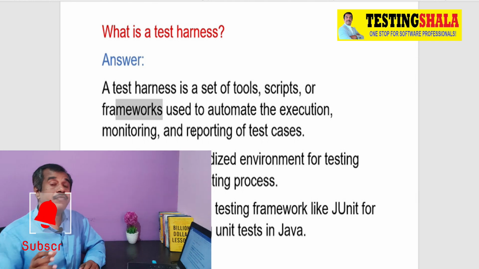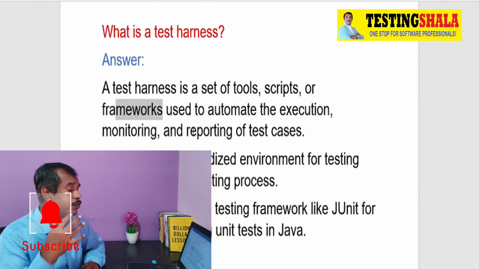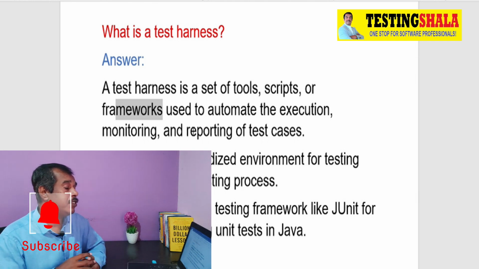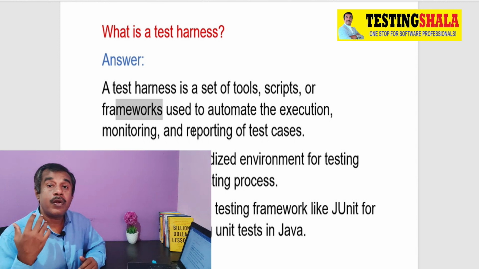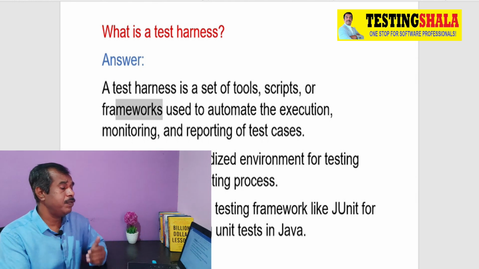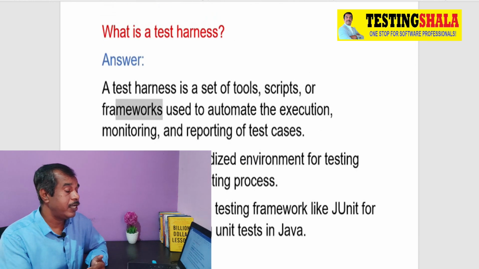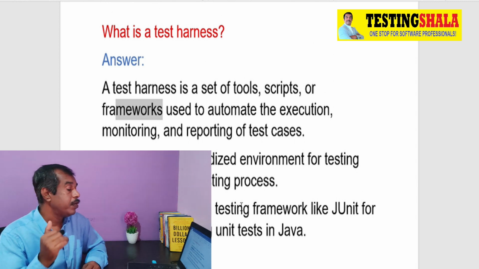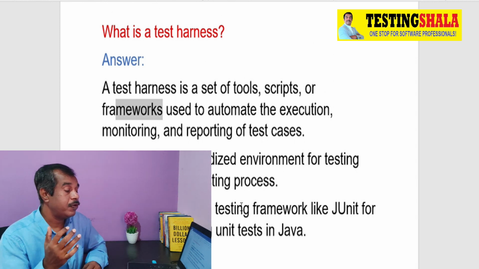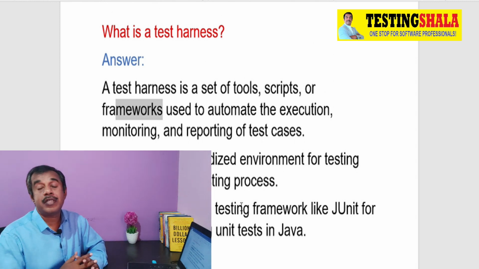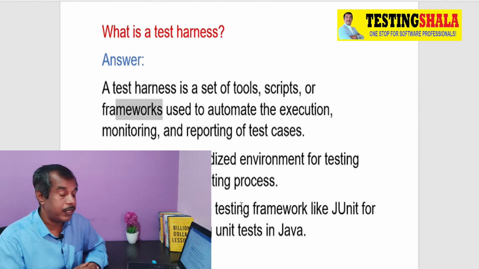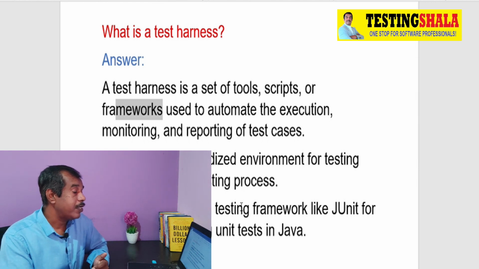It is a set of tools to perform all these activities. Basically, it provides a standardized environment for testing and simplifies the overall testing process. An example of a test harness is a test framework like JUnit in Java, where we can write and execute the test cases as part of JUnit. So that is all about test harness.